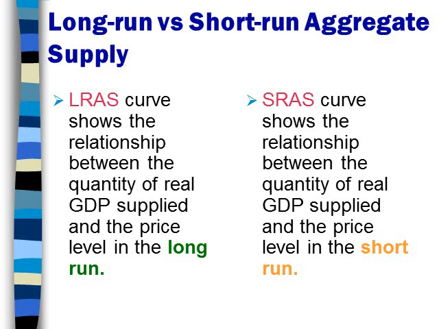Your short run shows you your current production now as a relationship to the price level. So this shows you a more current indicator, production at this point in time, as a relationship to the price level. Your long run aggregate supply shows you your potential over a long period of time.